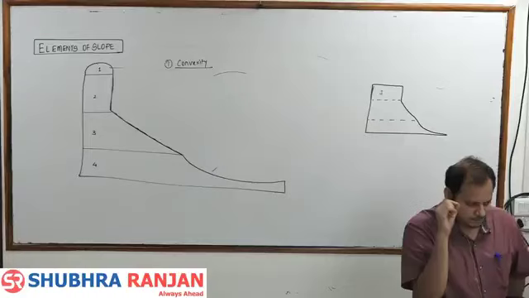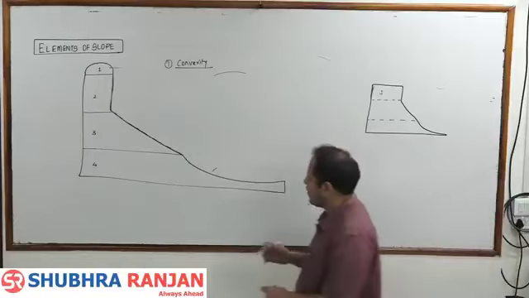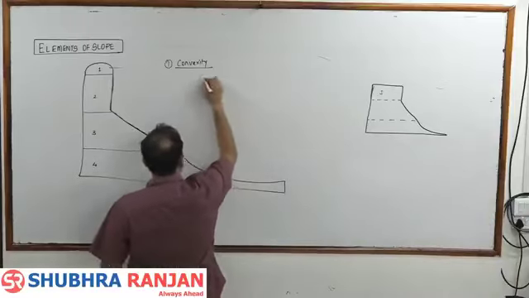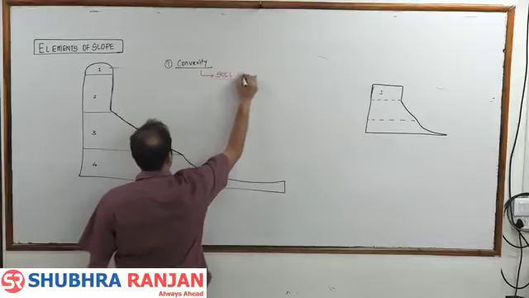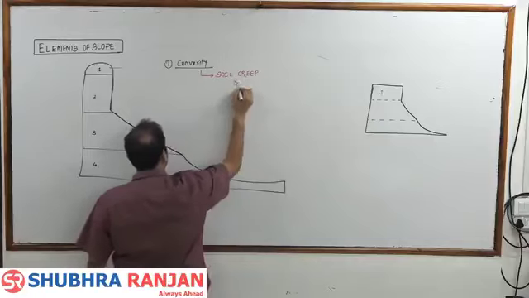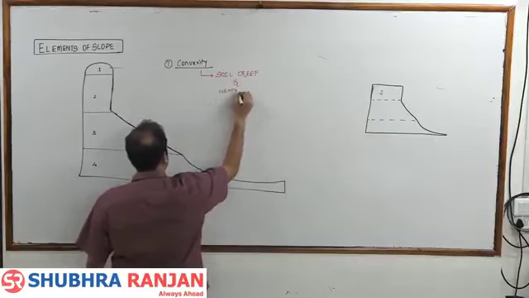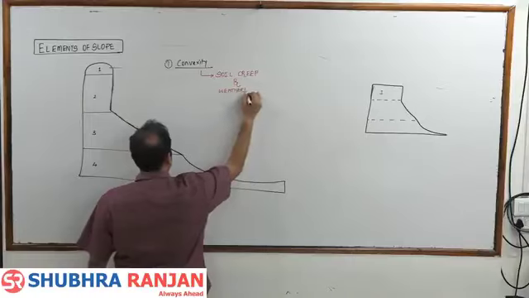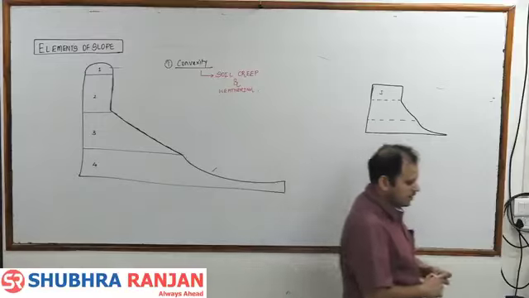Two processes are responsible for the formation of convex slope: soil creep and weathering.